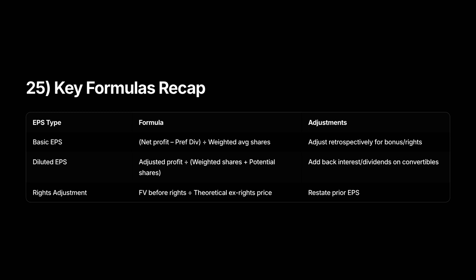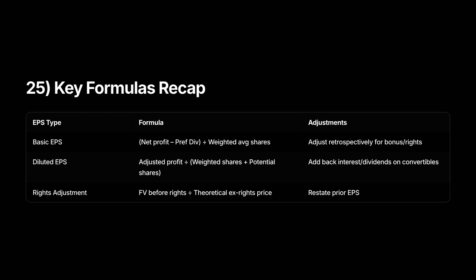25. Key formulas recap. Let's summarize the core relationships in words. Basic EPS equals net profit minus preference dividends divided by the weighted average number of shares. Remember to restate for any bonus or rights issues. Diluted EPS equals adjusted profit divided by the total of weighted shares plus potential shares.